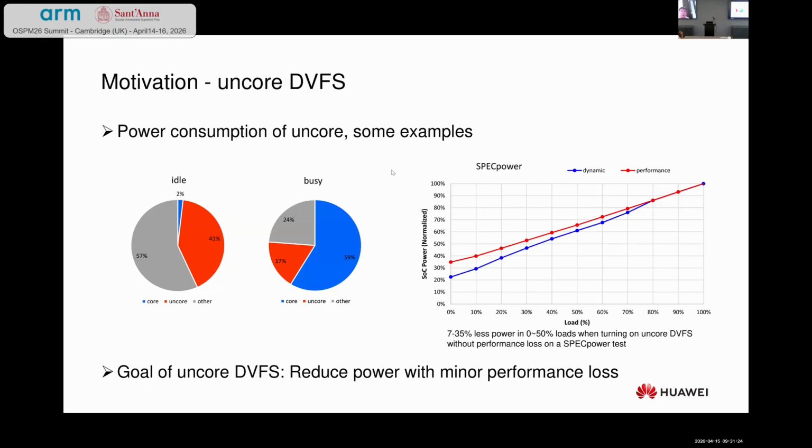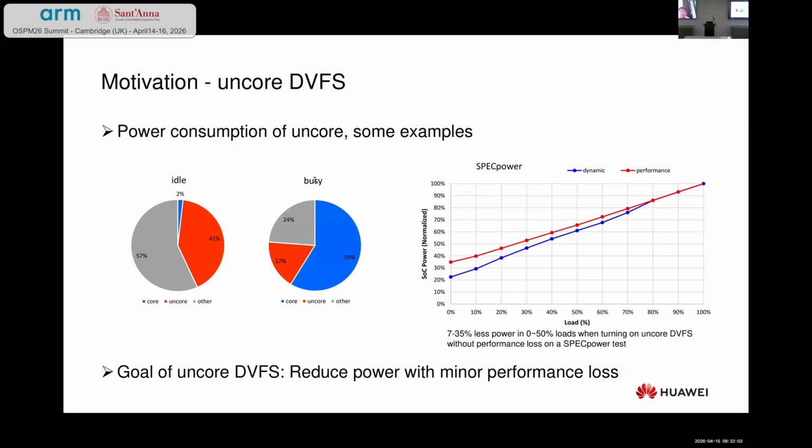For the fully busy case, we run a core-bound workload doing matrix multiplication. It mainly runs within the L2 cache, so there is not much memory access across the level 3 cache or DDR.